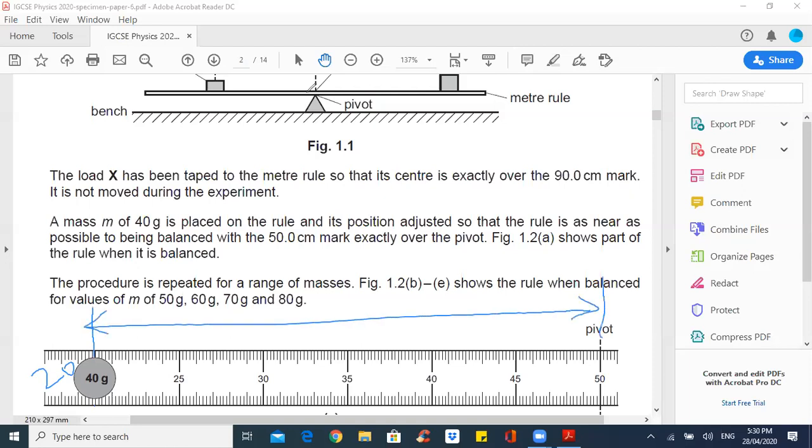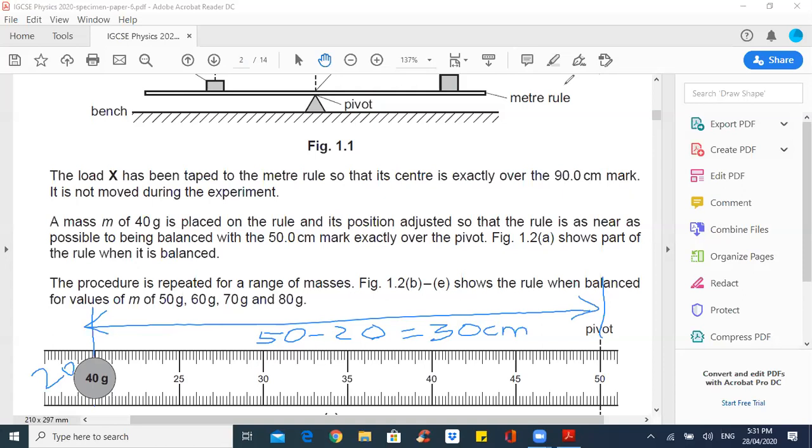If here is 50 and here is 20, it's going to be 50 minus 20. Your distance is actually how much? 30 centimeter. That's the first value we had to calculate. Everybody understand how we get a 30? We take the center, which is 50, and we minus it from where the center of the mass was, which is at 20. So your first one is 30 centimeters.